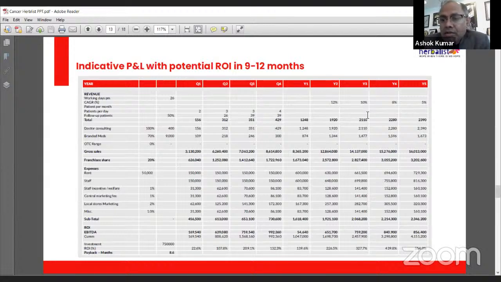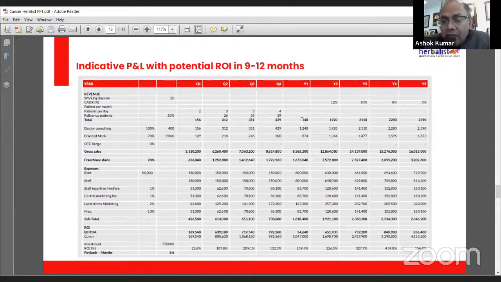Now let's have a look at the revenue projections and your return on investment. As Professor Ramesh said, your average treatment cost is very low. Per month, these therapies cost a patient around 15,000 to a maximum of 25,000 rupees a month. So what we are saying here is, even if my franchisee partner onboards 1,200, 1,300 customers in year one, my quarterly breakout is like 156, 312, 351 and 429.